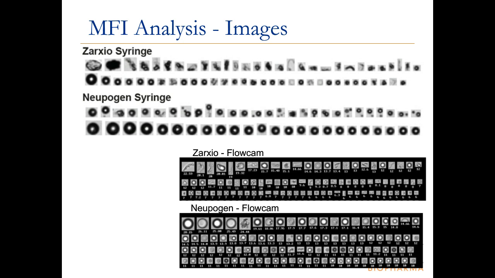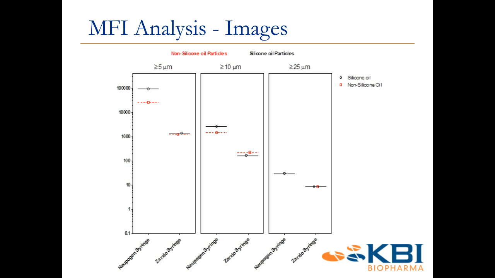What we observed when we took a look at these images was that the Neupogen syringe clearly had a lot more silicon oil present compared to the Zarcio. There's a couple of ways you can look at MFI to try to segregate out the silicon oil versus not: aspect ratio, transparency, and different morphological parameters you can use to try to understand the populations present in your sample.